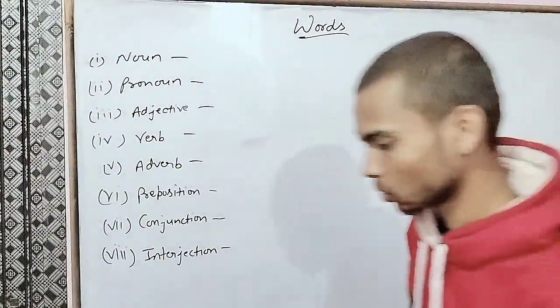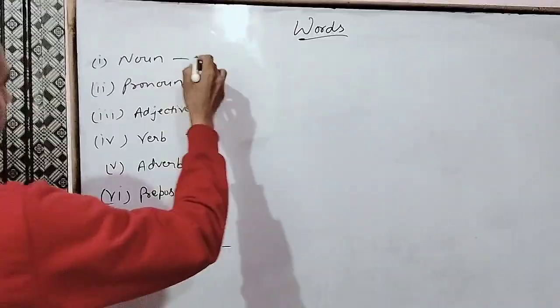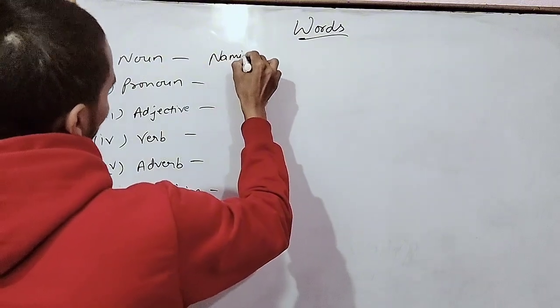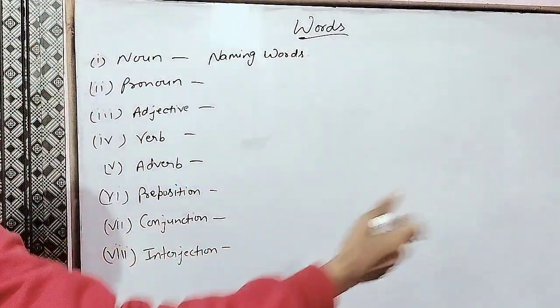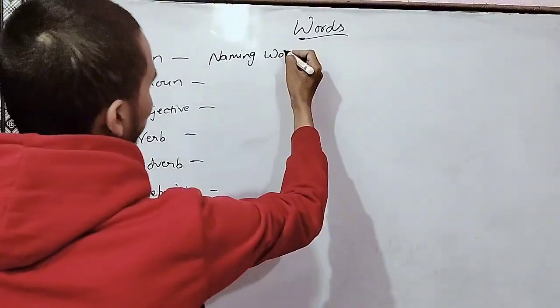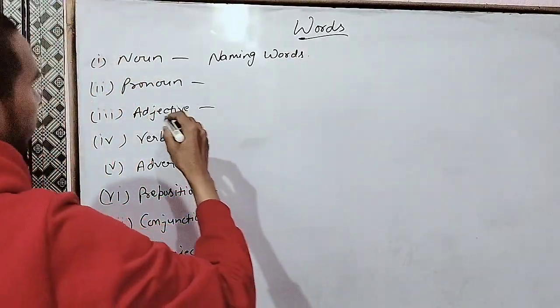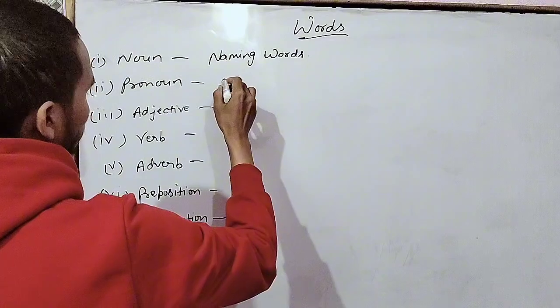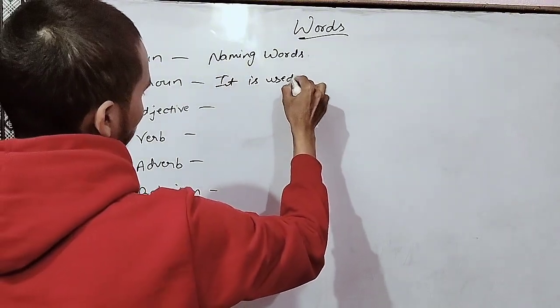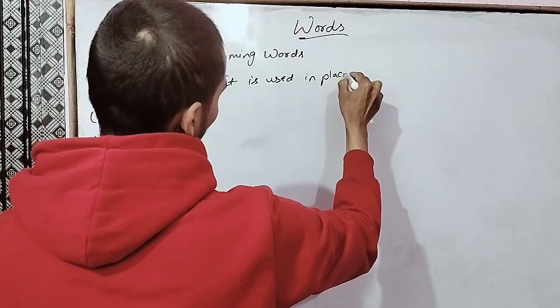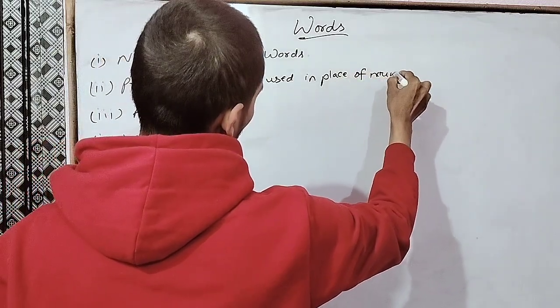Clear? So the meaning of a noun is naming words, which means name of a word. Pronoun is used in place of a noun. Don't worry.